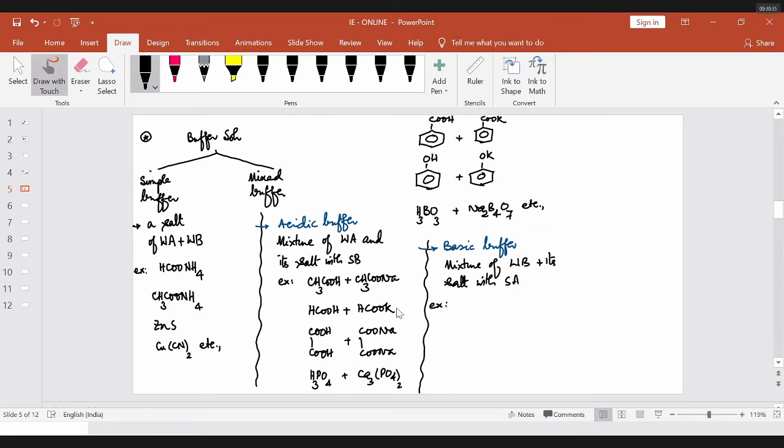What are weak bases? D block element metal hydroxides are weak bases. Ammonium hydroxide is a weak base. Let us enjoy first with a well-known example: ammonium hydroxide along with HCl, ammonium chloride; ammonium hydroxide along with sulfuric acid, ammonium sulfate; ammonium hydroxide along with nitric acid, ammonium nitrate. So many examples you can frame with this fellow. Similarly, zinc hydroxide along with sulfuric acid, copper hydroxide along with nitric acid. They are all examples of a mixture of weak base and its salt with strong acid.